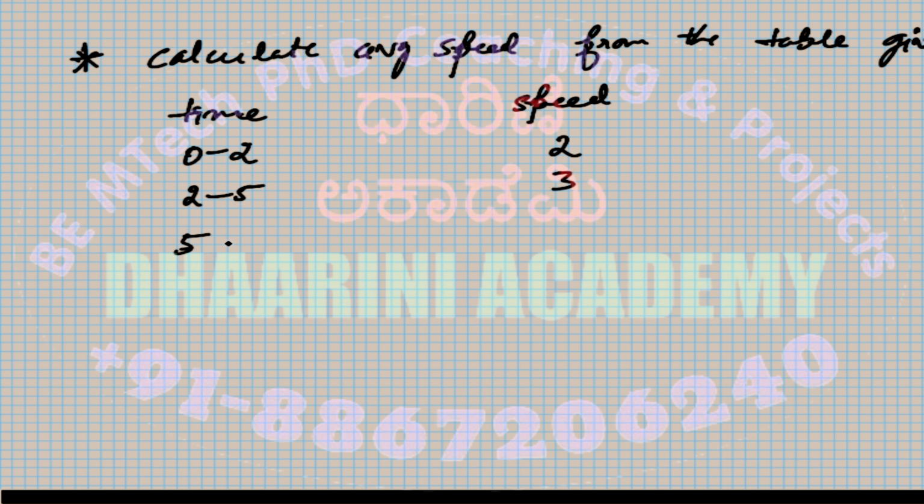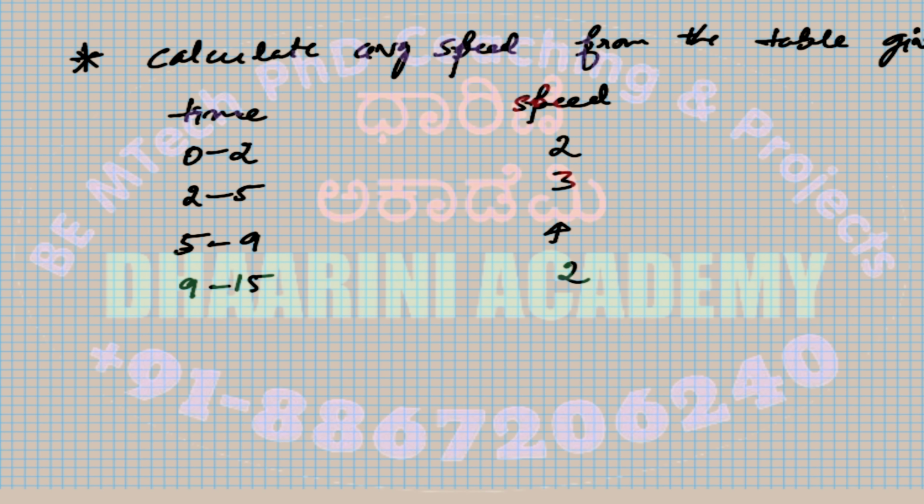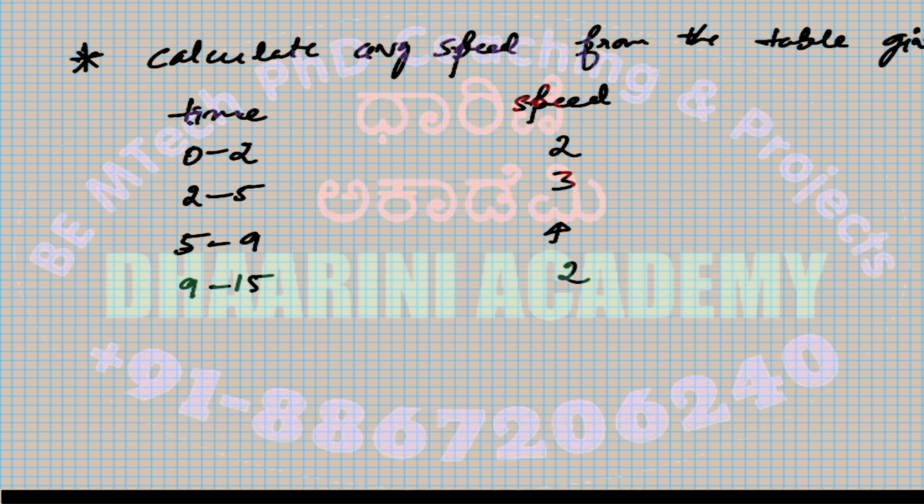Then say 5 to 9 is 4. And 9 to 15, this is 2. So it is very clear that the given data, right, at every given second, gives what the speed is.